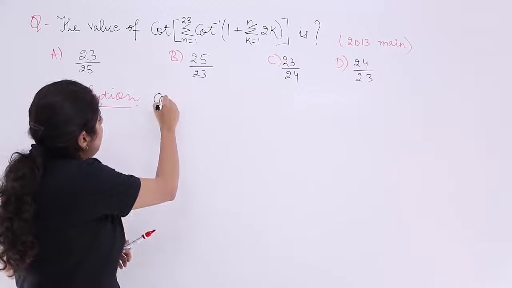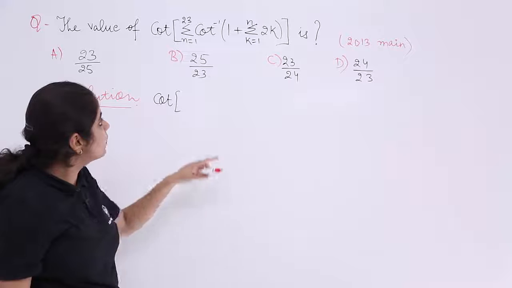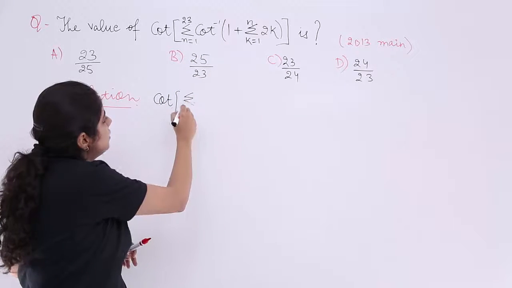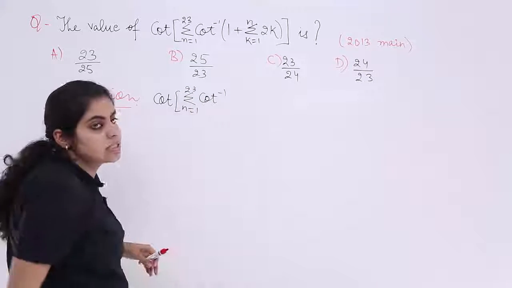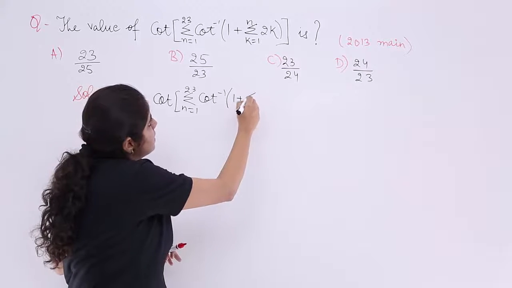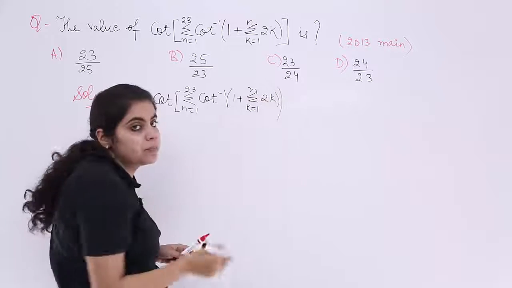It becomes cot, and then it is nothing but as something in tan inverse case. That means if it is summation n is equal to 1 to 23, cot inverse, wherein I have 1 plus summation k is equal to 1 to n, 2k.